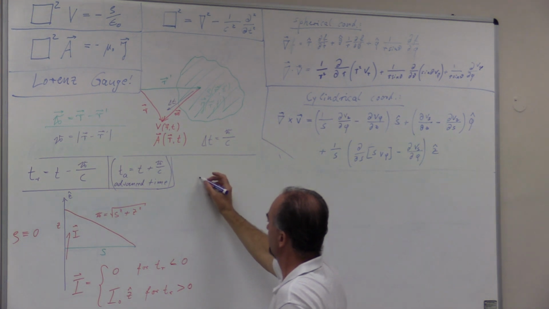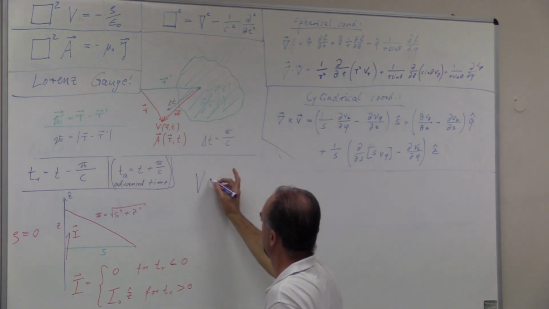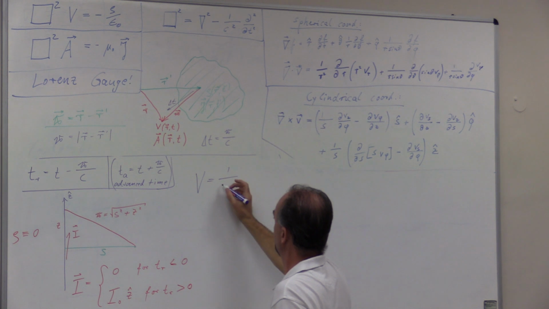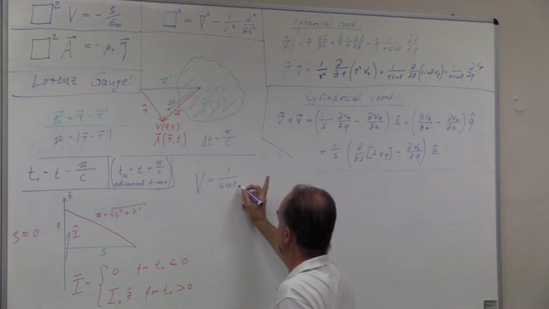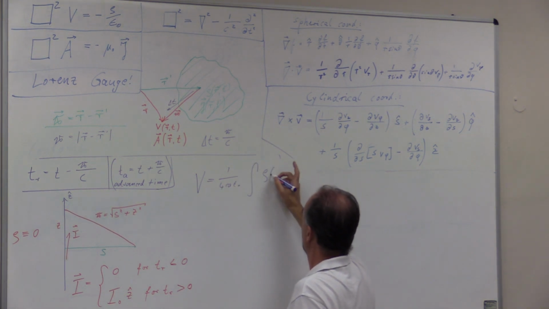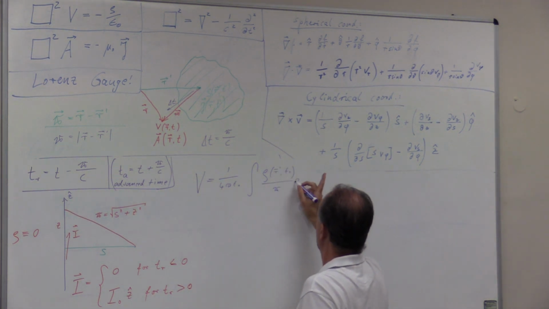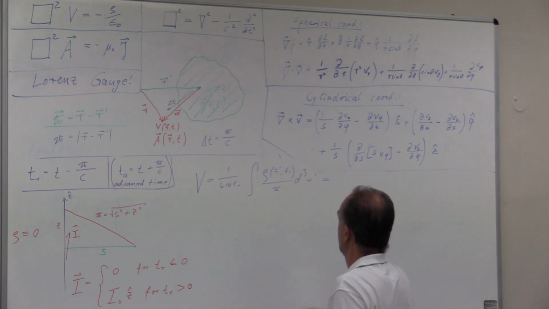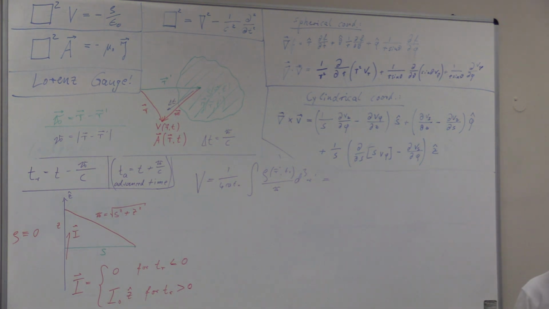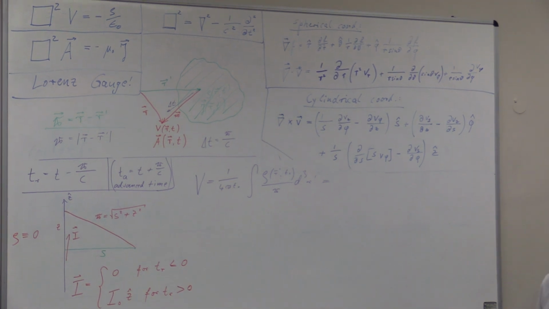We need to find the condition, so we calculate. Obviously, start out with V, 1 over 4 pi epsilon naught integral of rho of r prime and retarded time over r, d r prime. What is the scalar potential? 0, right?